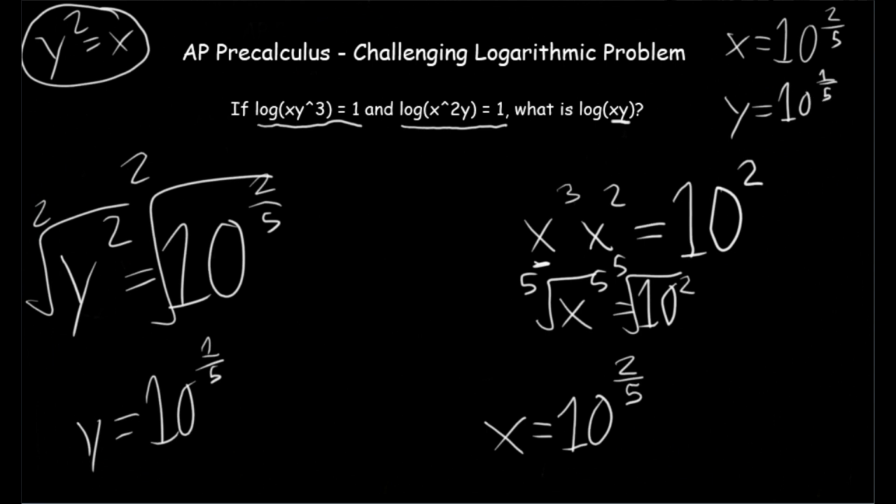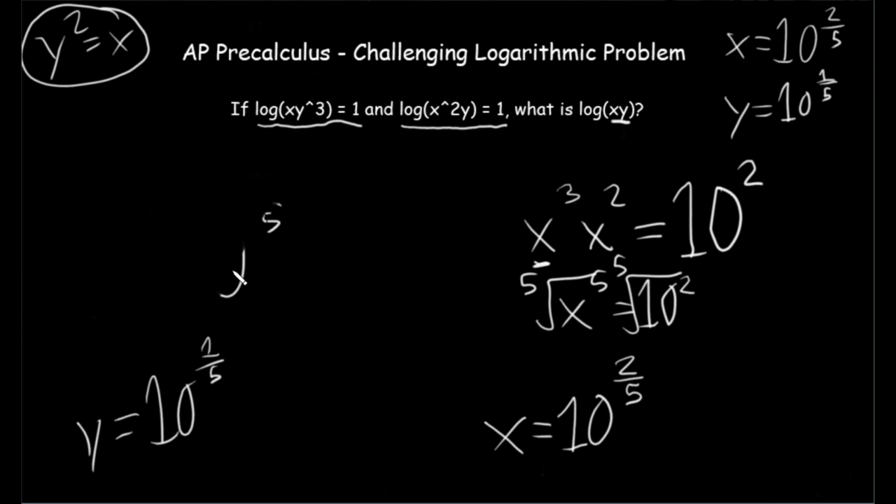Now that we know what x and y are, we can go ahead and solve this. This is the finishing blow. We can go ahead and deliver our finishing blow.